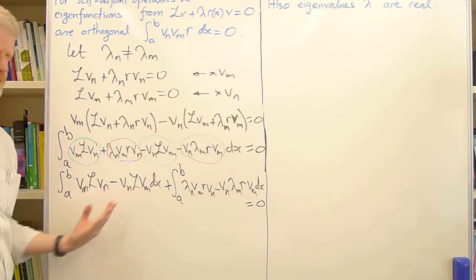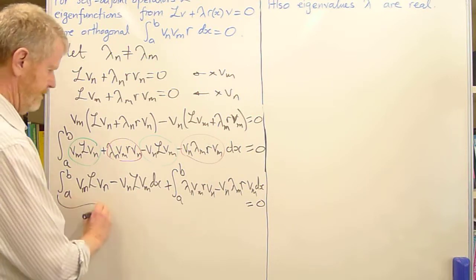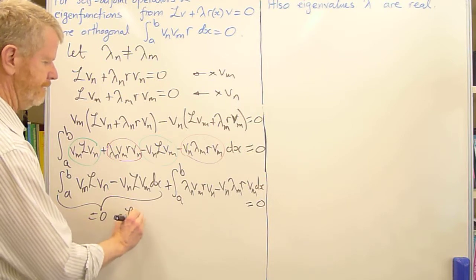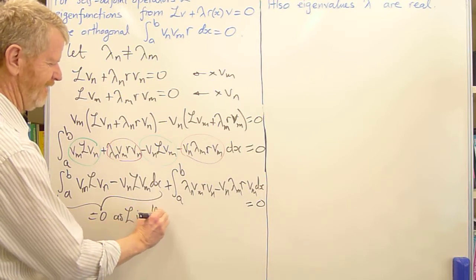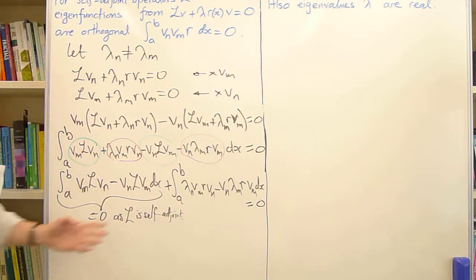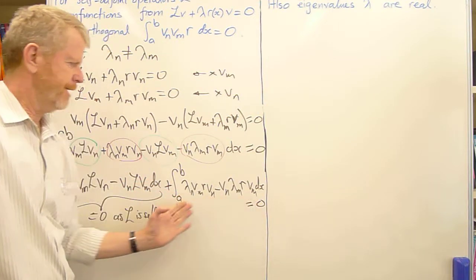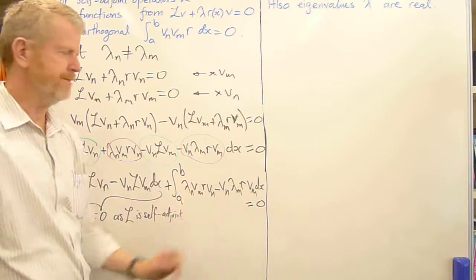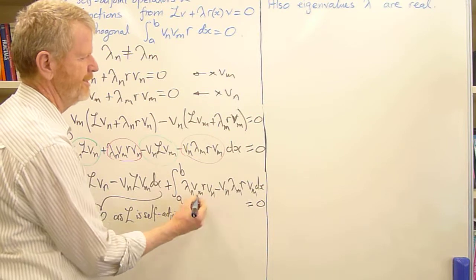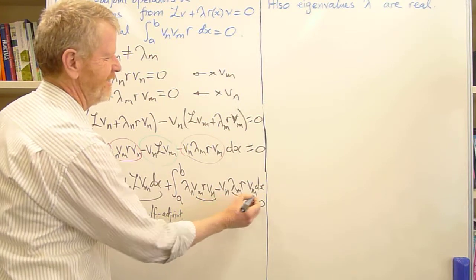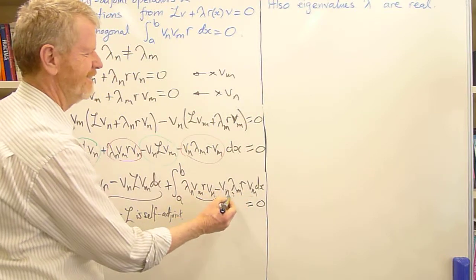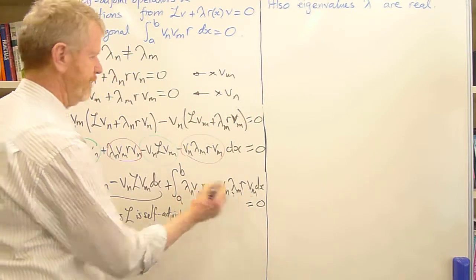Okay, now these two integrals, this first one is 0 as L is self-adjoint. Consequently, we have this integral has to be 0. Now, if you look at this integral, you see it's got a common component there. It's just the eigenvalues that are different.